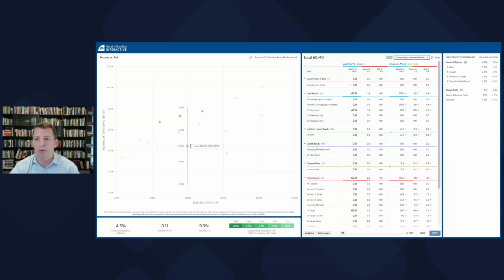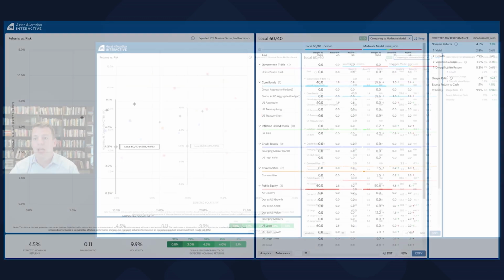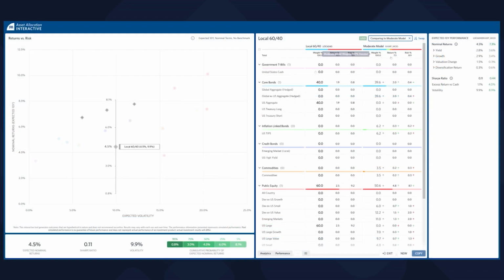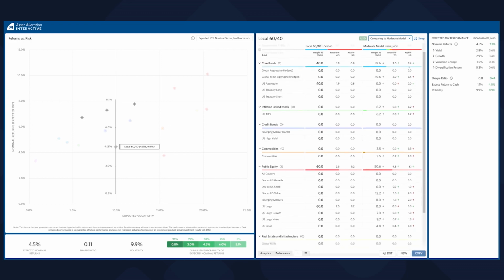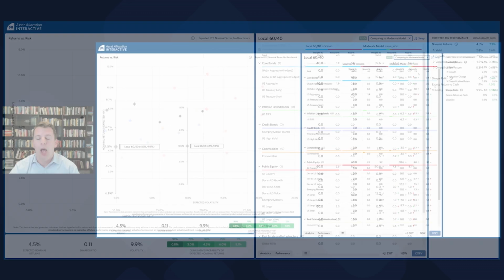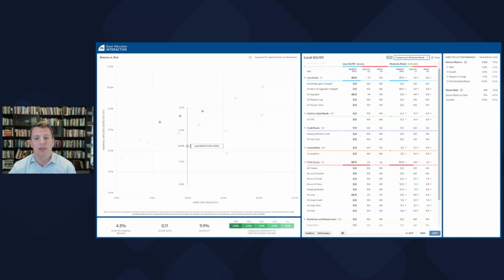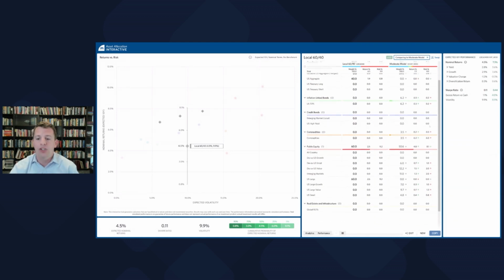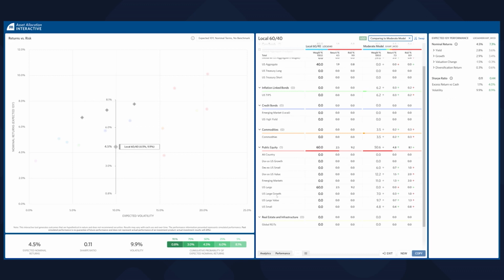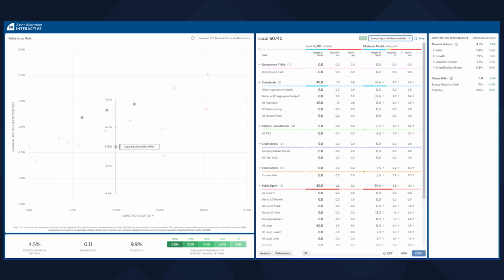If we move to our moderate model, we see an increase in return expectation of nearly 3 percentage points, along with a reduction in risk of roughly 1 percentage point. And not only do we see a reduction in risk, but the sources of risk are substantially diversified. Whereas US large equities represent 9% of total risk in the 60/40 portfolio, US large equities decomposed into growth and value in the model represent less than 2.5 percentage points of the total risk.